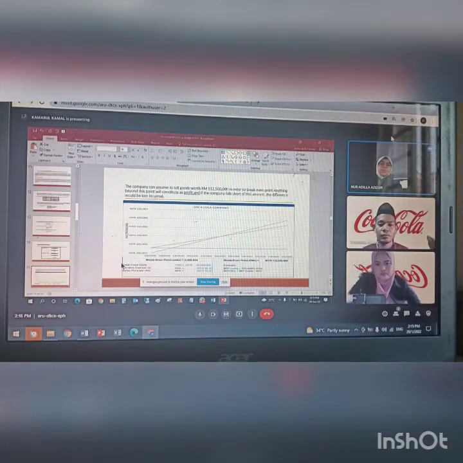I also provide the graph of the break-even point, which shows our company can get the profit if we sell more than 100 million, 200 in order to break even. If we get beyond that amount, our company will get better profit than in other years.